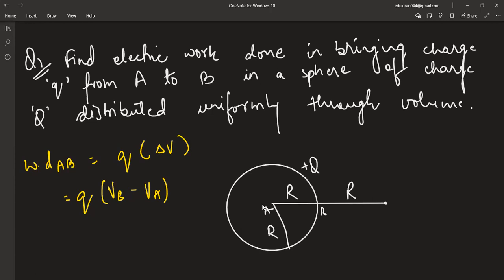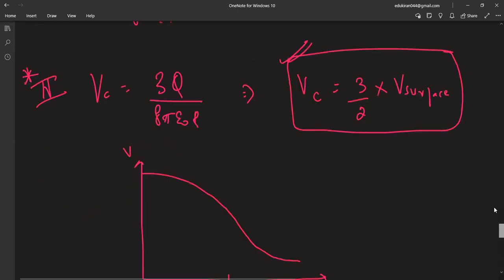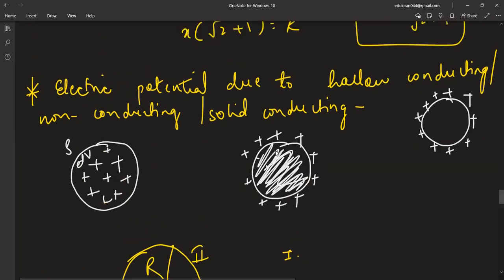Firstly, it is said the charge is distributed uniformly through the sphere, so should it be conducting or non-conducting? Charge is present within the sphere uniformly through the volume. Non-conducting. Remember I have told you, when the charges are through the volume, we say it is non-conducting.